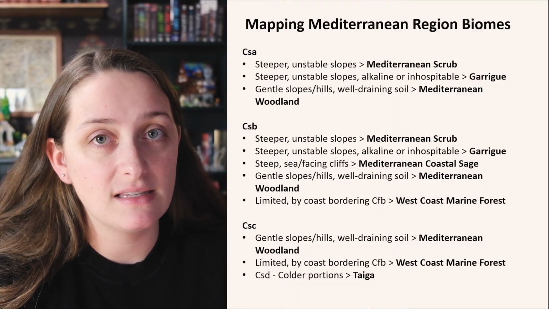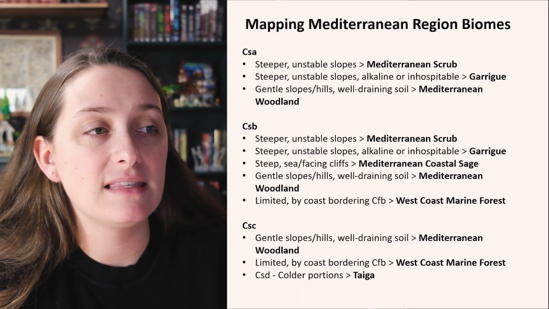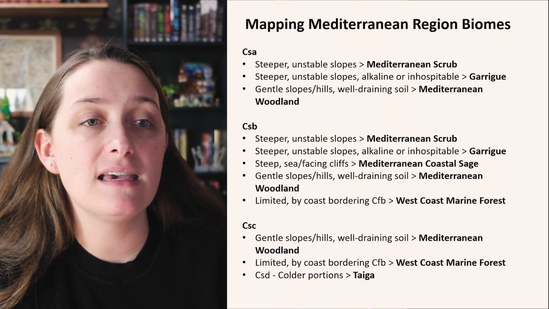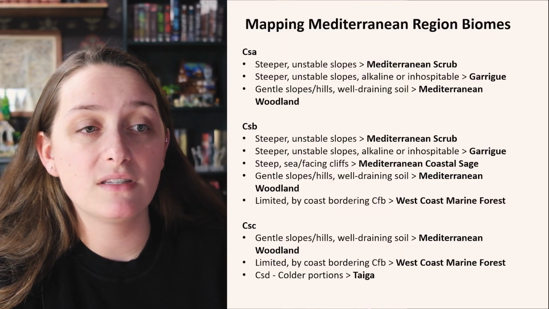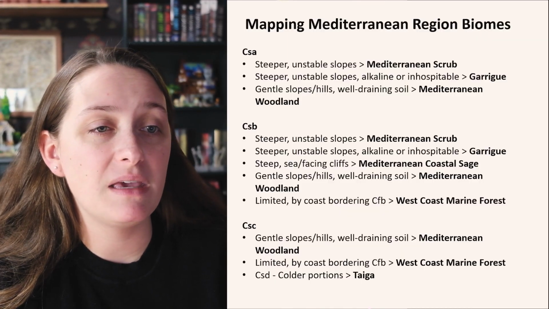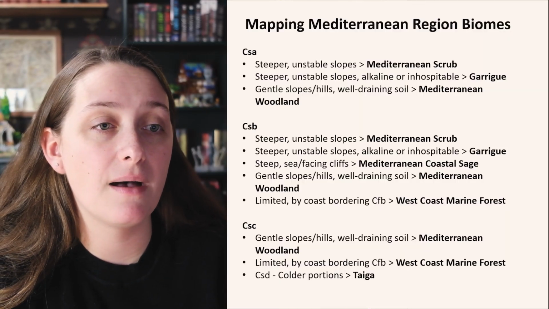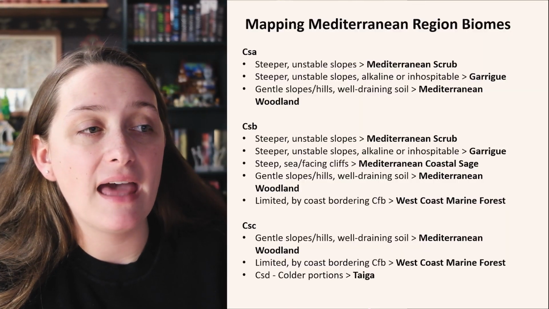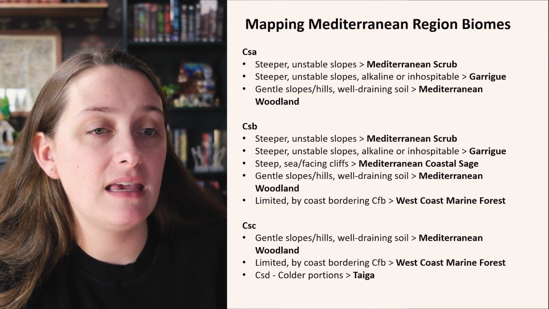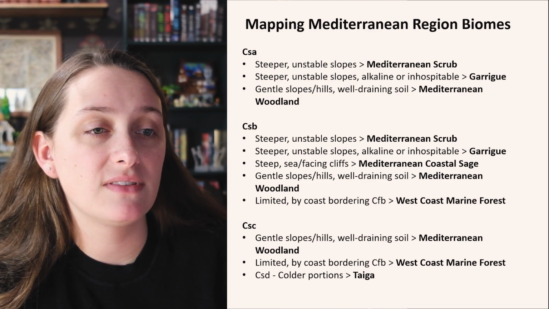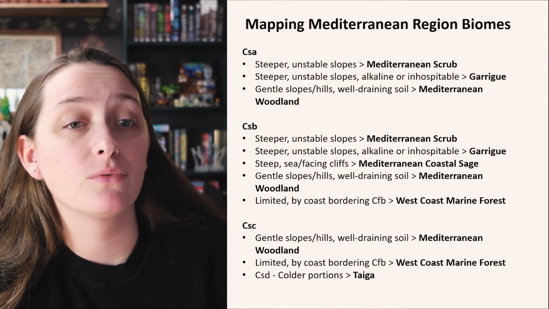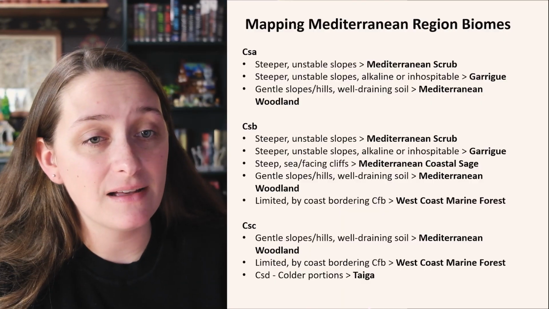And in rare cases, you can also find in CSB and CSC, any area by the coast and bordering a CFB West Coast Marine Forest could have some West Coast Marine Forest here as well. And in CSD, if you have any colder parts of CSC bordering particularly cold regions, you could see taiga.